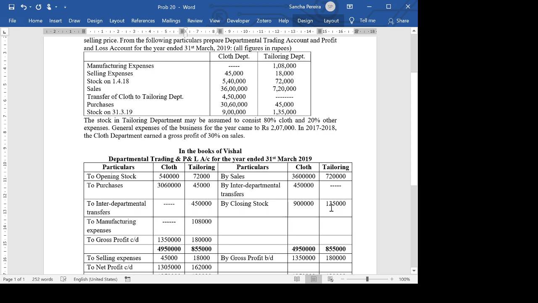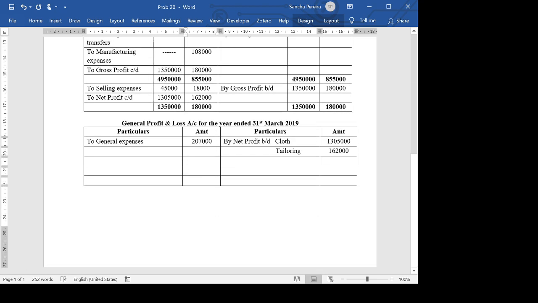That's the closing stock. Now this closing stock is valued at a profit. Some of this closing stock which is still left could have come from the cloth department, and we need to know. So we are going to first calculate that element of profit.